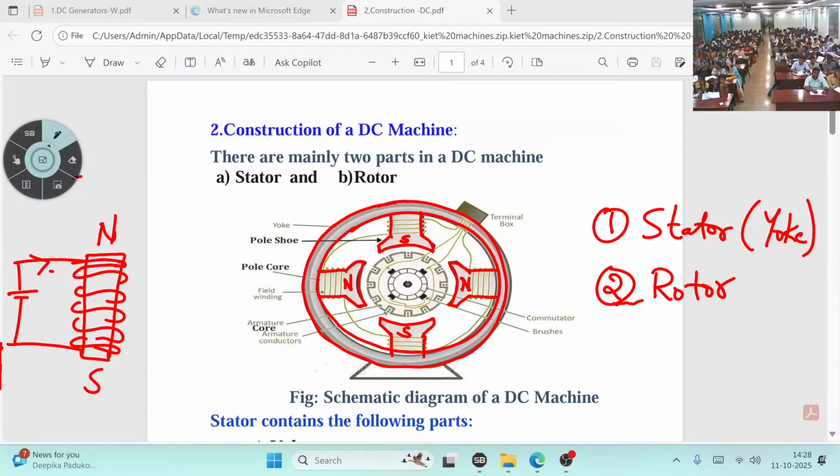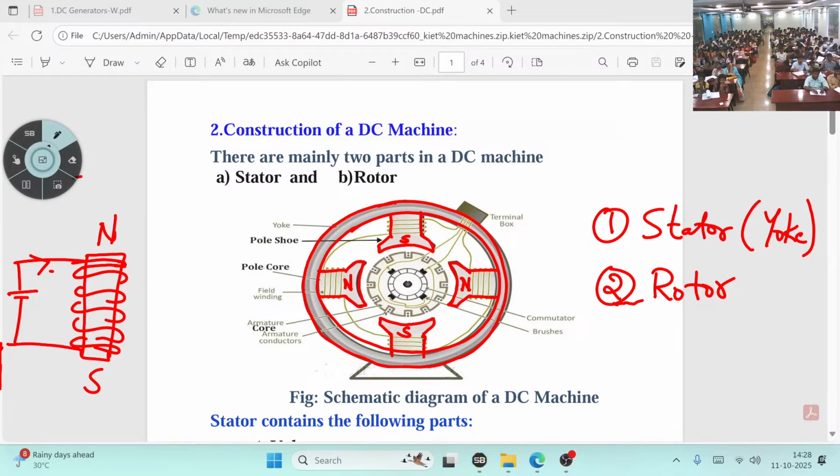We are making this iron piece a magnet by winding the copper wire around the poles. Do you understand now? These poles are not magnets. We are making the iron pieces into magnets. How? Like this. It is the iron piece, I am winding it, so it is acting as north and south.